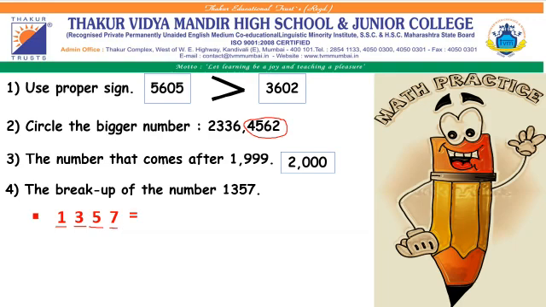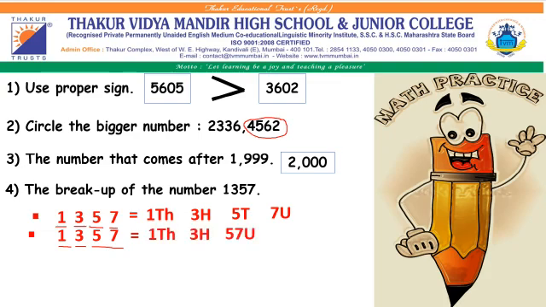And we will write it down as 1 thousand 3 hundreds 5 tens and 7 units. The next breakup, single, single, double. So it will be written as 1 thousand 3 hundreds 57 units.